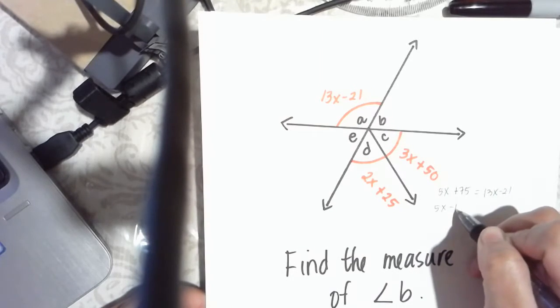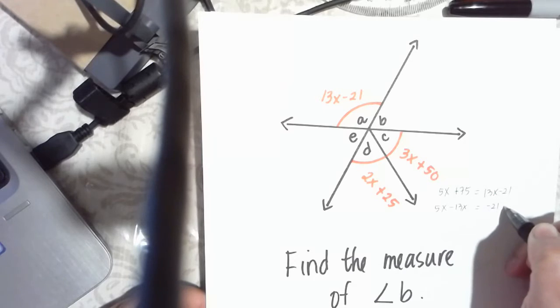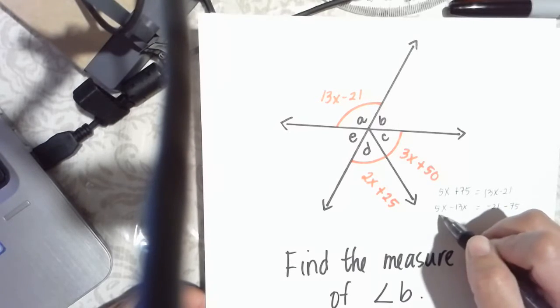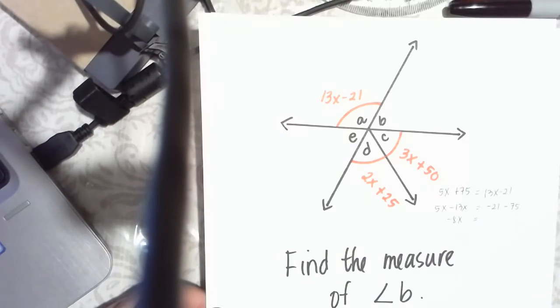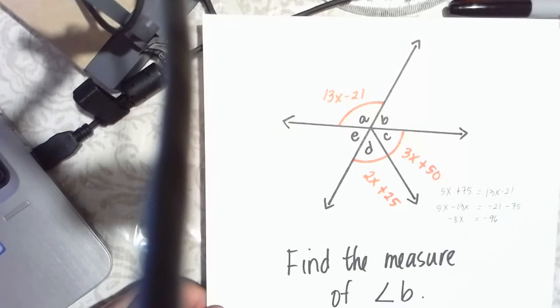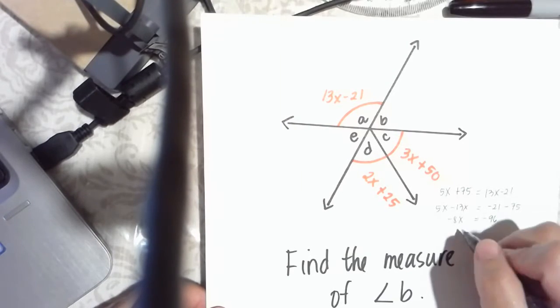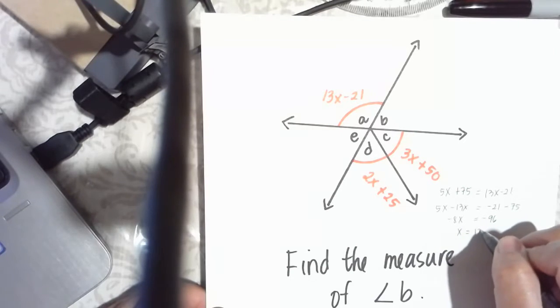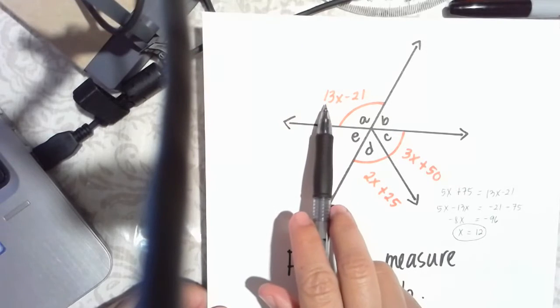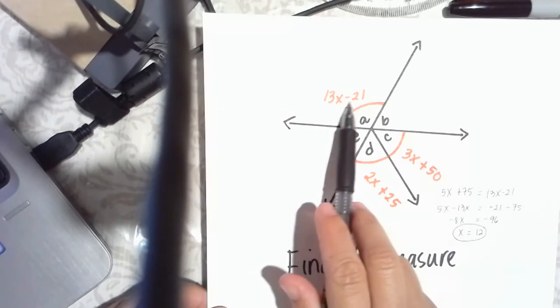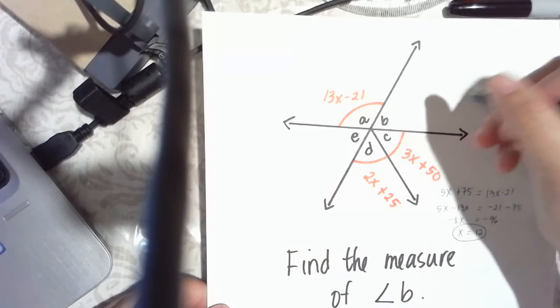So that is 5x minus 13x is equal to negative 21 minus 75. So 5x minus 13x is negative 8x. Negative 21 minus 75 is negative 96. So divided by negative 8 is equal to positive 12. X is 12, but we're looking for the measure of angle B. So therefore, I suggest that you plug in x in 13x minus 21.